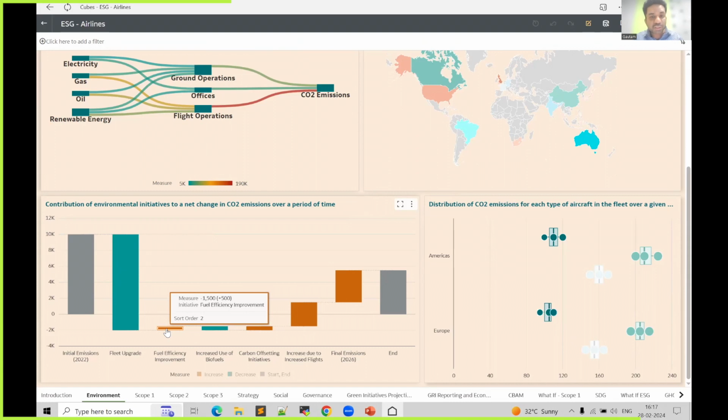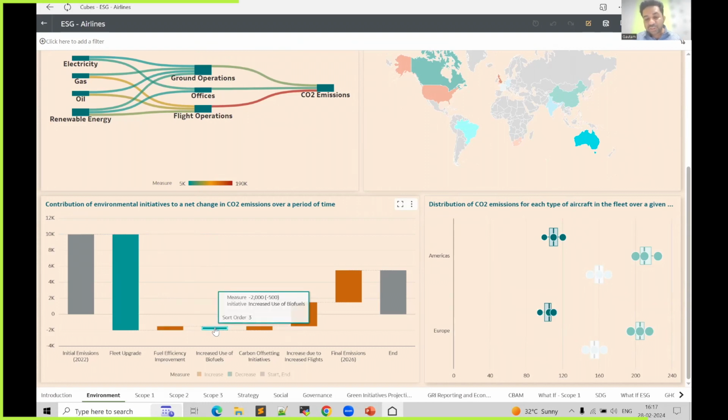So again, to quote an example, a premium airline based in the Middle East has been investing a lot in, let's say, sustainable aviation fuel, which is imported from Europe, and they try to make sure they have an overall fuel efficiency improvement by investing more in sustainable aviation fuel.